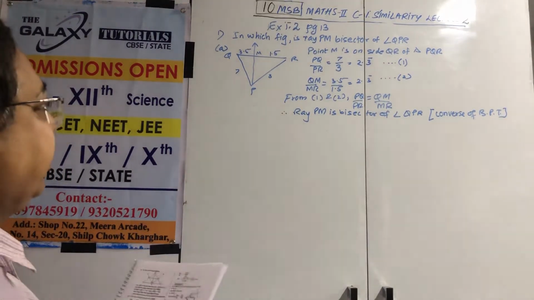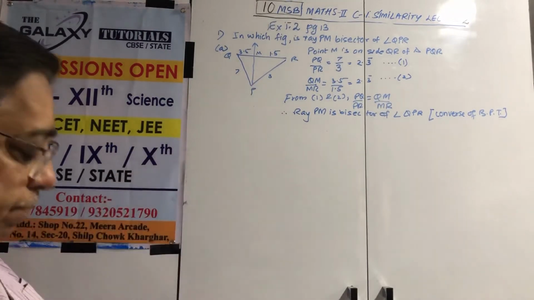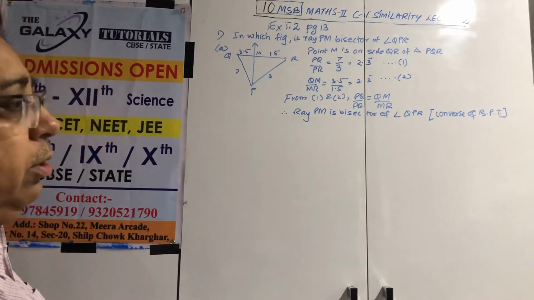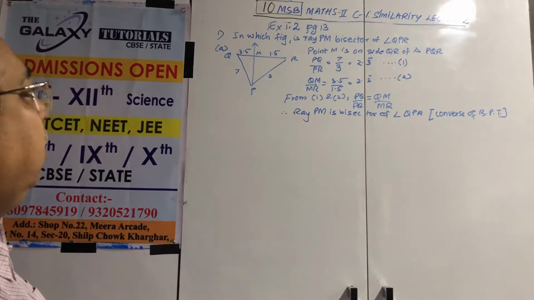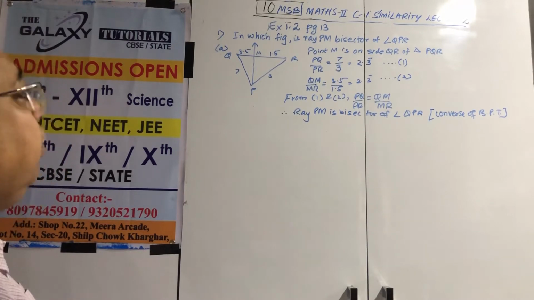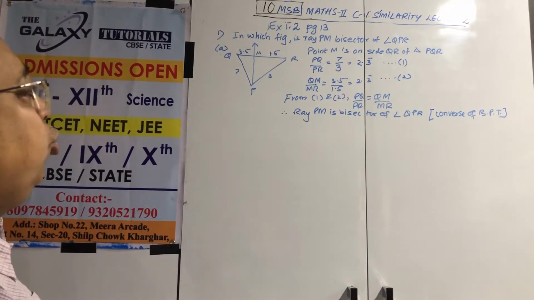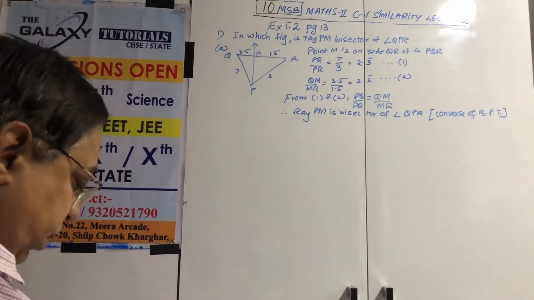So in the second diagram, the numbers are different, so you will divide the numbers and check. In part B of the first sum, by putting PQ, PR, QM, MR, the ratio is not equal.